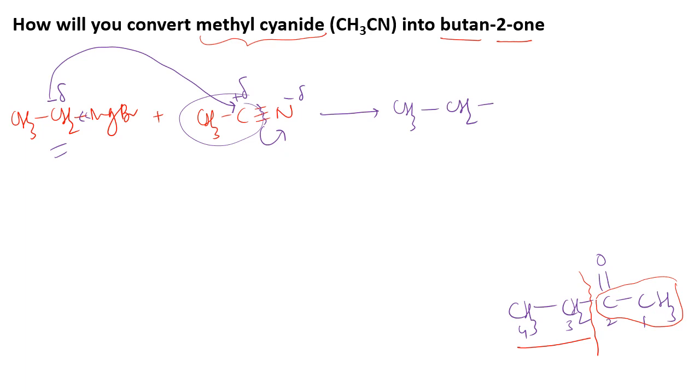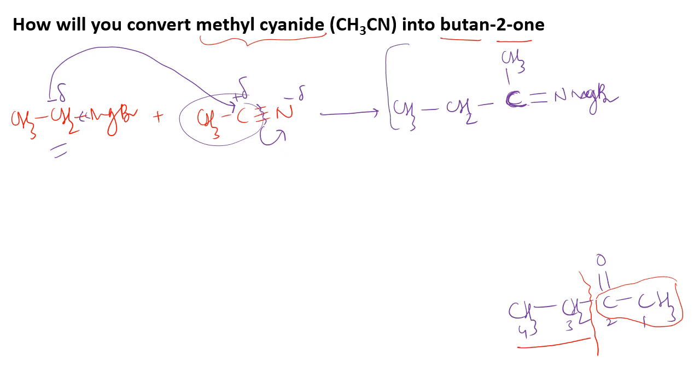So we'll write the product: CH3CH2 has attacked the carbon of CH3CN. This carbon is the carbon of CH3CN, which is connected to CH3 on one side, and CN is now double bond N, MgBr.